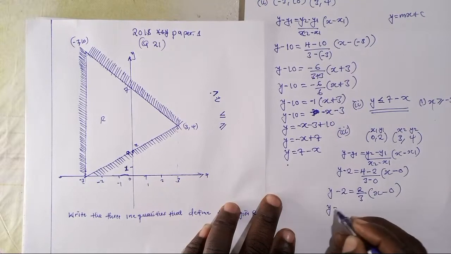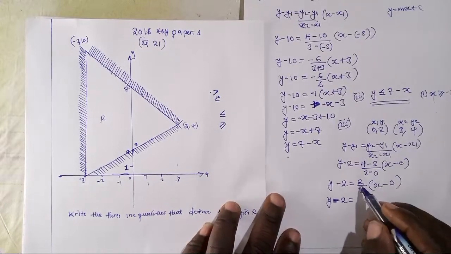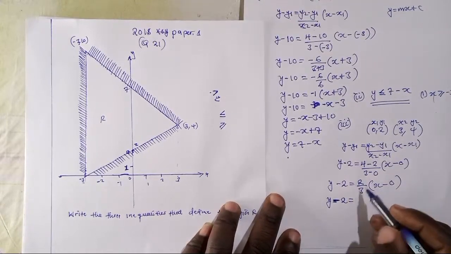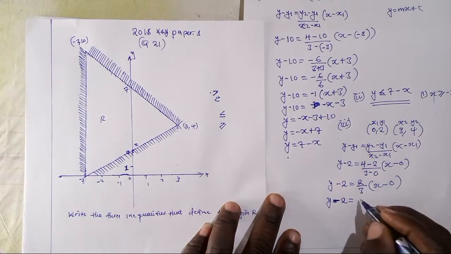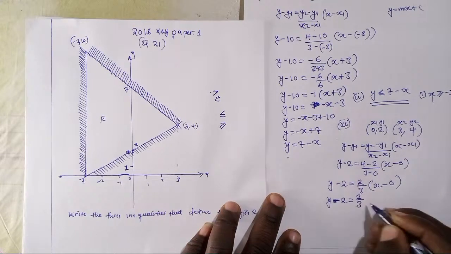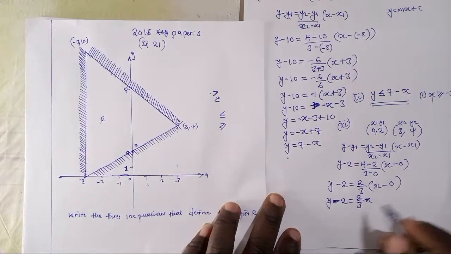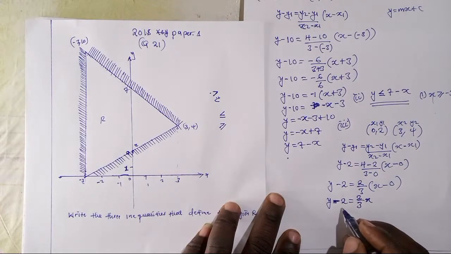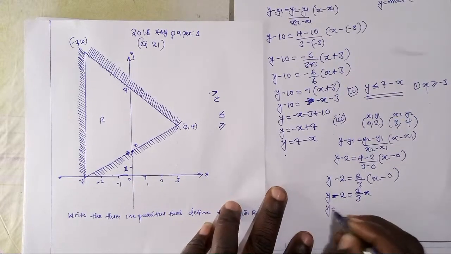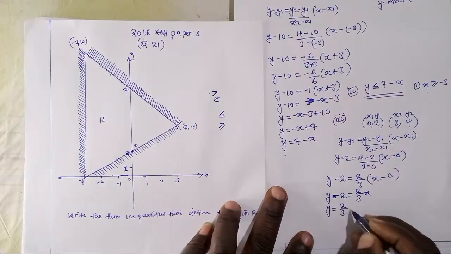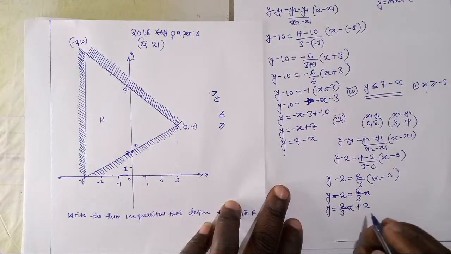Then when you expand, it is going to be 2 over 3 times x, which is 2 over 3 x, then 2 over 3 times 0 is 0. Then we add 2 both sides, so y equals 2 over 3 x plus 2, right?